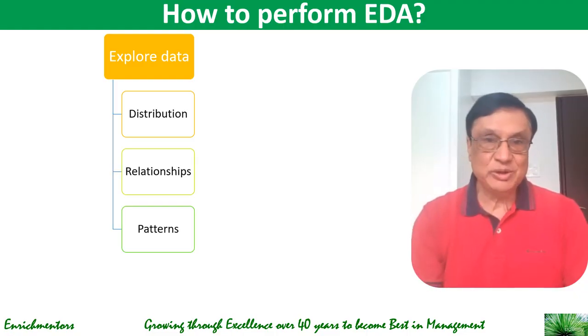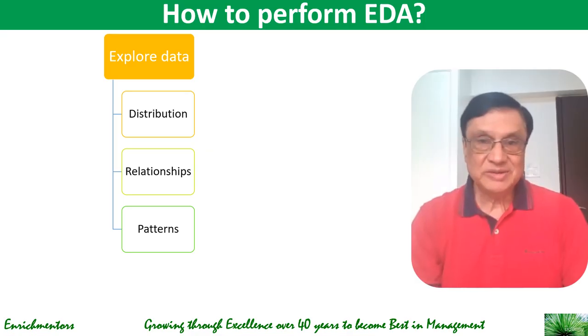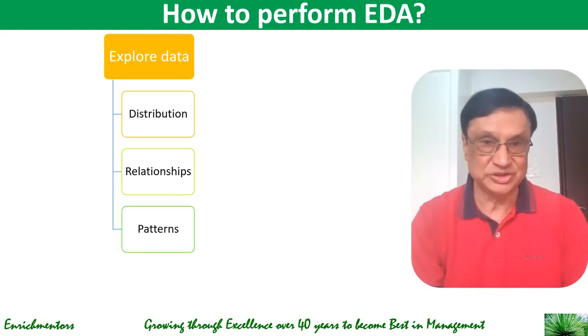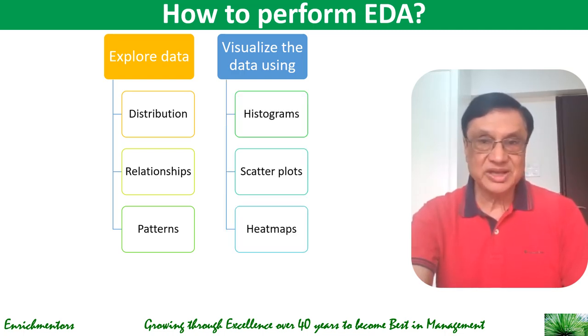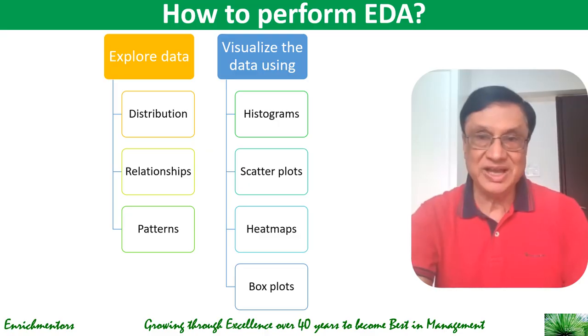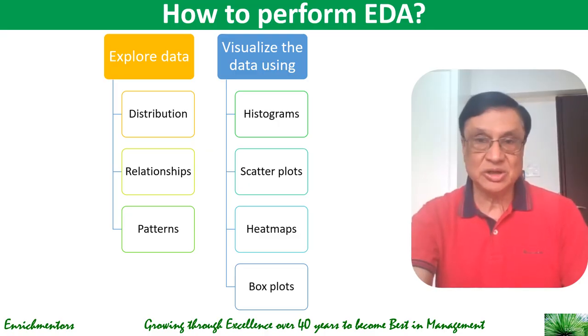In this exploratory data analysis, you understand the distribution, the relationship between the data, and whether a pattern is emerging. You can do this by visualizing the data using histograms, scatter plots, heat maps, and box plots. We covered EDA in earlier lectures in a section by itself, right in the beginning after the problem analysis, so this is a recap of what we talked about there.